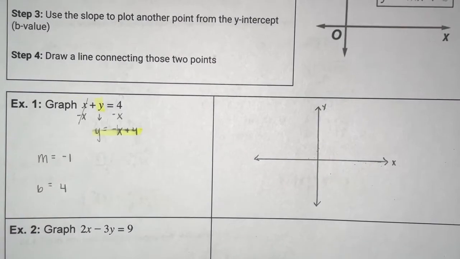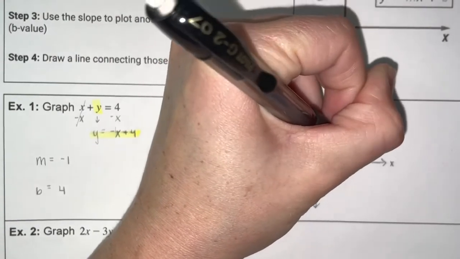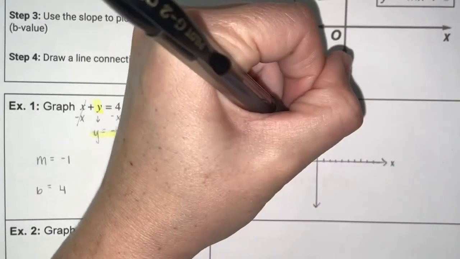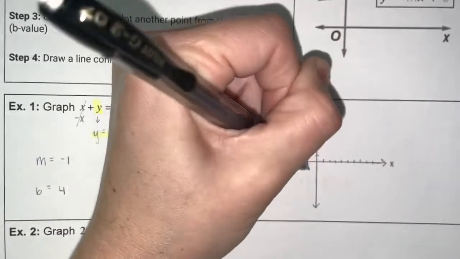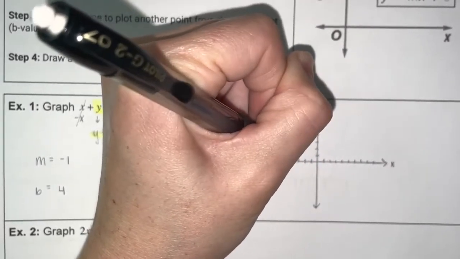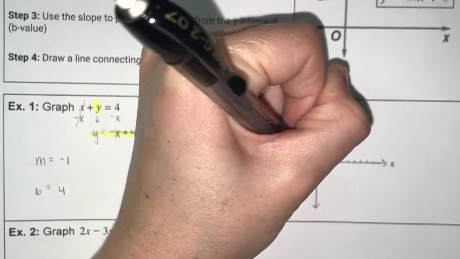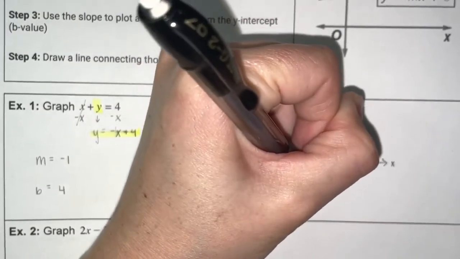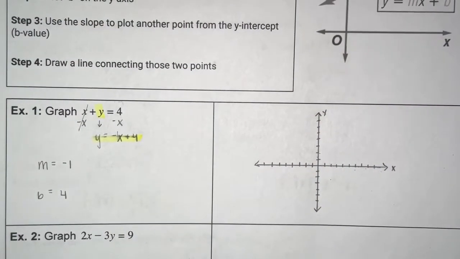So I want to make my tick marks pretty close together so that I can fit up to the y-intercept of 4. Same thing as before, just try to make them a similar spacing. It's okay if they're not perfect, but they should be as close as possible to the same. And then if you ever don't make enough tick marks, you can always extend your x and y axis to give yourself a little bit more space.